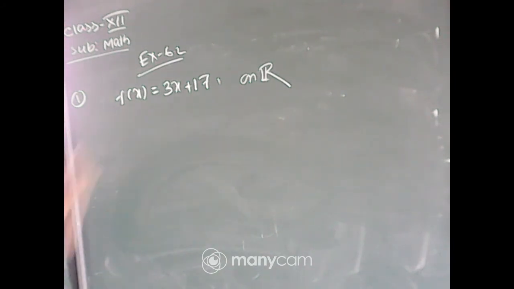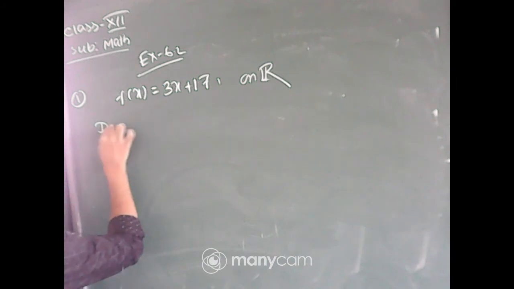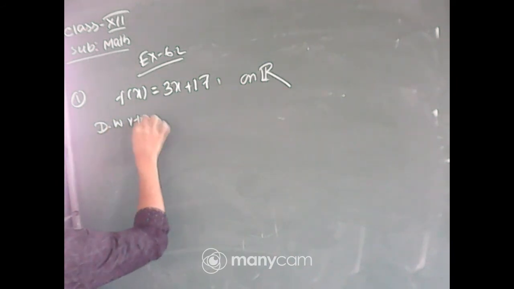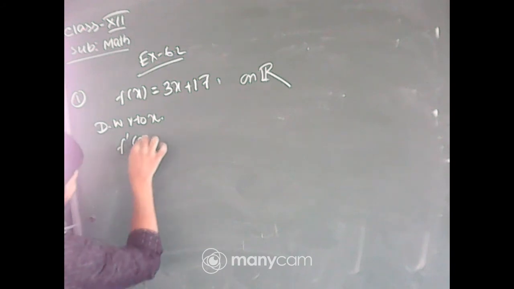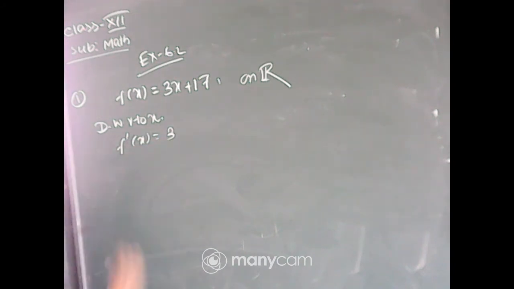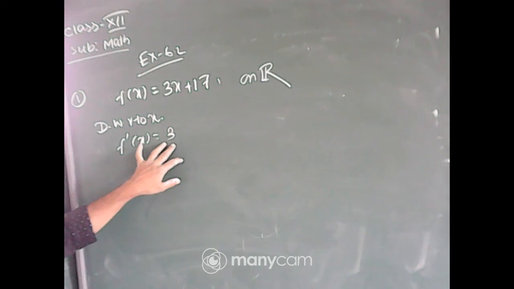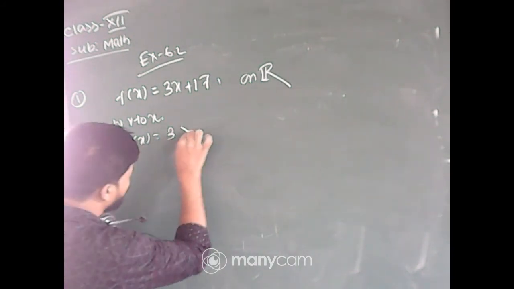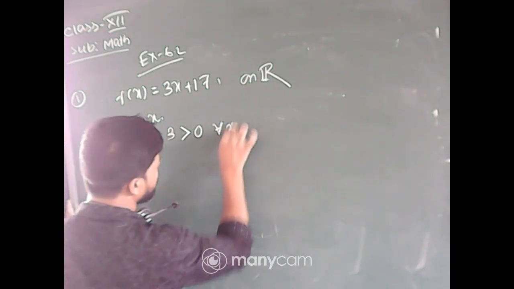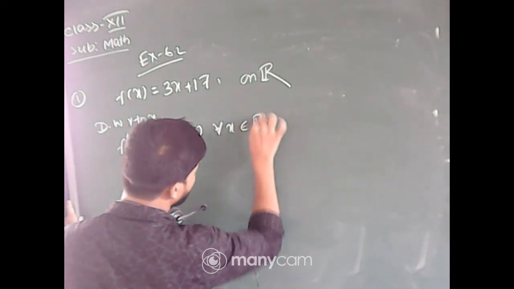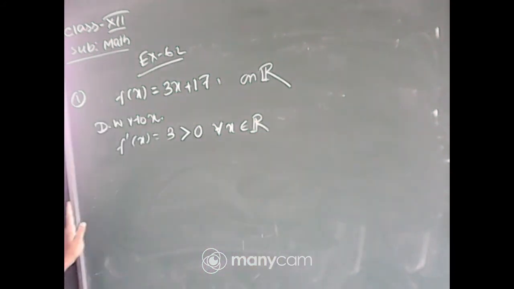Differentiating with respect to x, we have f dash x is equal to 3. 3 is always greater than 0 for all x belongs to its domain, the real numbers.